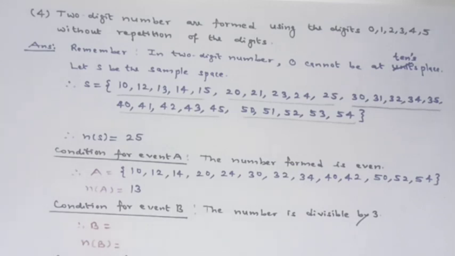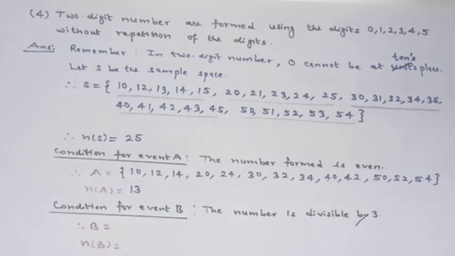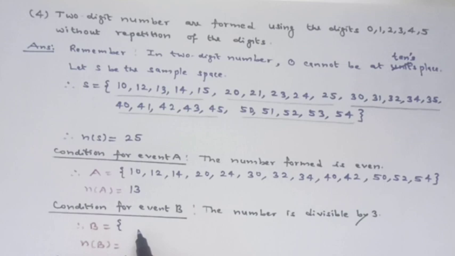Let's find the number divisible by 3. Slowly, it will not take time. If you don't know how to go fast, check each numbers whether the number is divisible by 3 or not. 10 not possible.